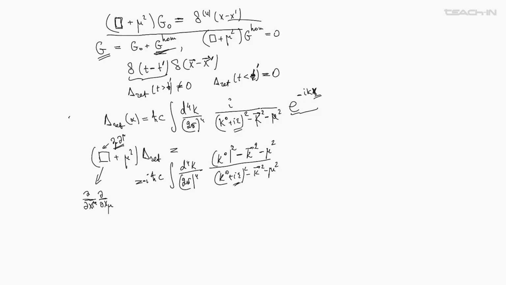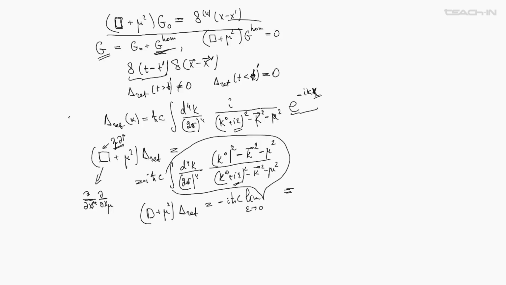And so then you see that if you take the limit of epsilon tending to 0 of this integral here, and then the exponential, of course, is left over, then the result will be d4k divided by (2 pi)^4 with this little prefactor minus i h bar c, exponential minus i k x.